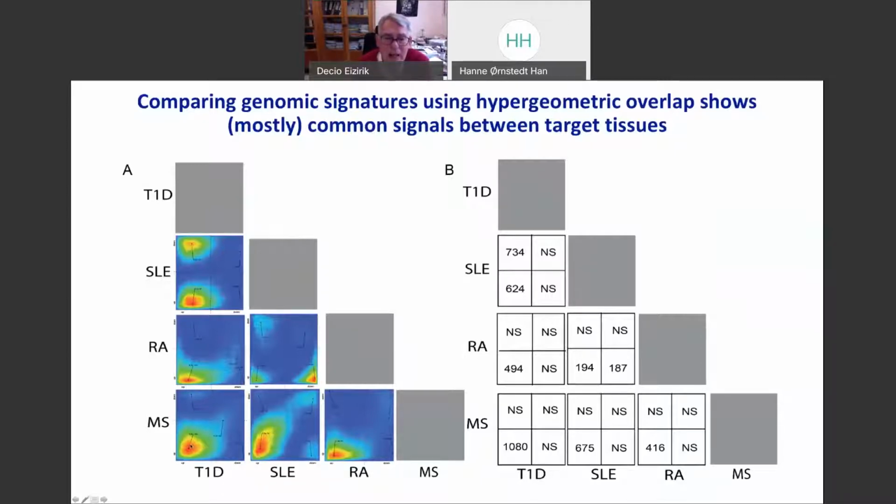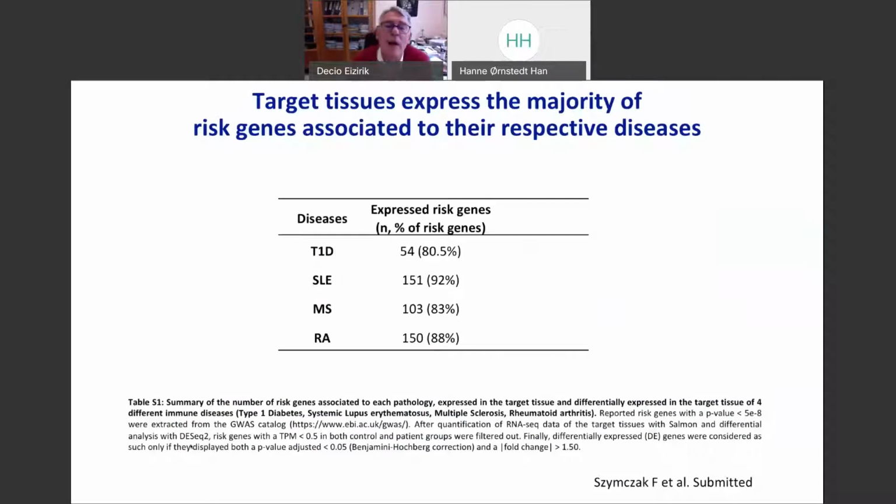As I told you before, when we look at the expression of candidate genes for type 1 at the beta cell level, we had seen in our human islet preparation in vitro around 80% of the candidate genes present. And now looking at RNA-seq of beta cells from patients and controls, we find again 80% of the candidate genes expressed. Is this a pure beta cell type 1 phenomenon?